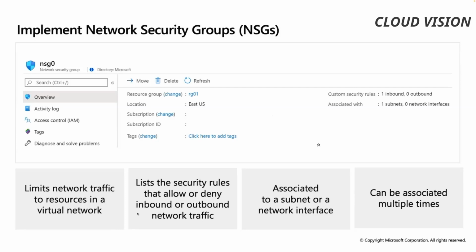It also gives the benefit of listing the security rules that allow or deny inbound and outbound network traffic associated with the subnet, so it makes it a lot easier to manage, and it can be associated multiple times. So it's not only once, you can associate it multiple times.